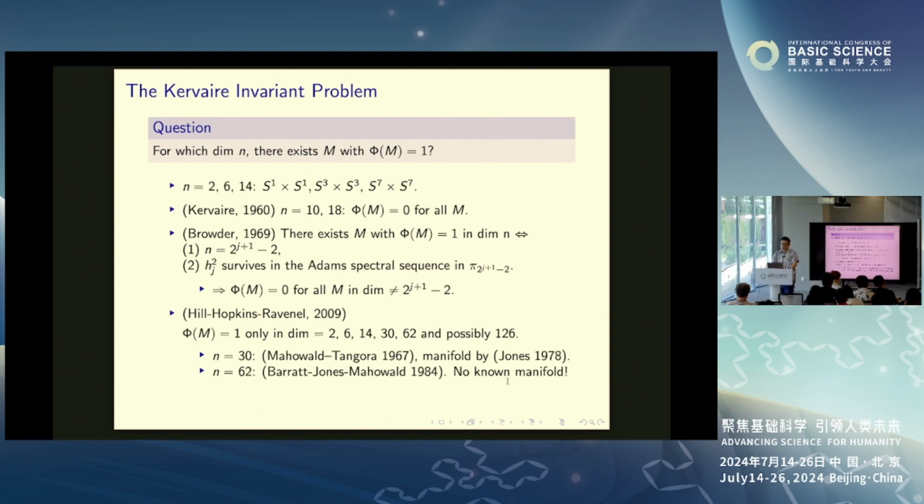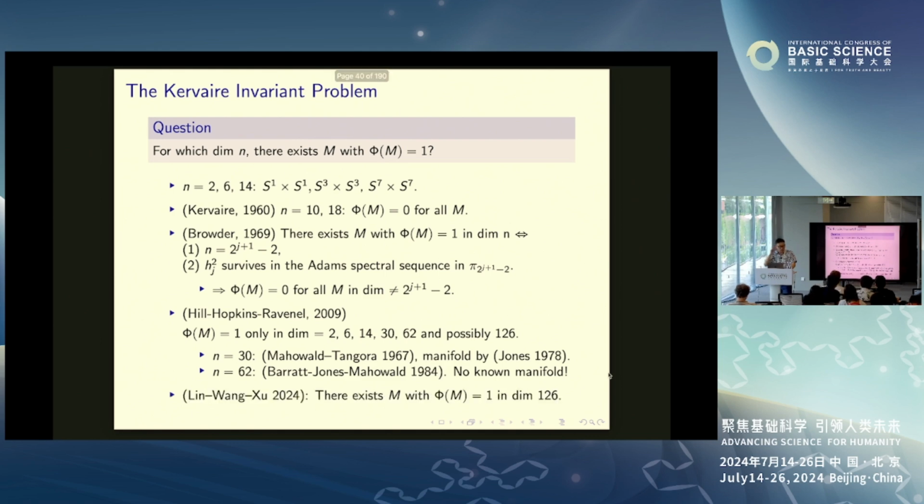But the very interesting thing here, as I mentioned, is that this is only a homotopy theoretic proof. Namely, we do know that half of the framed manifolds in dimension 62 have Kervaire invariant 1 and the other half have Kervaire invariant 0. But as of today, no one has been able to construct an explicit manifold with Kervaire invariant 1 in dimension 62. So this is kind of bizarre.